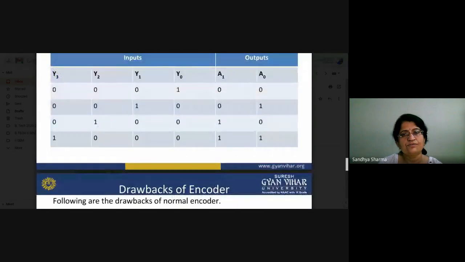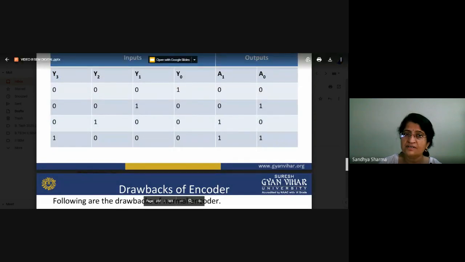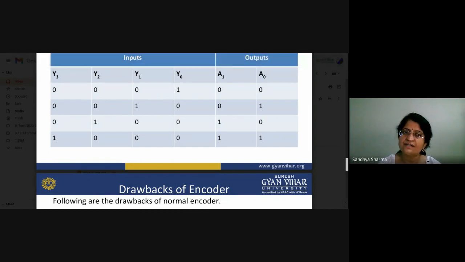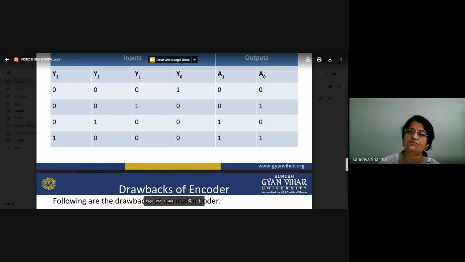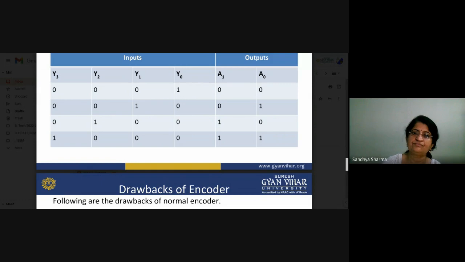At a time if y0 is active, the remaining 3 will not be active. If y1 is active, the remaining 3 will be in the low state. Similarly if y2 or y3 is active. According to the active input line, the outputs 00, 01, 10, 11 are reflected as binary numbers on the output lines a0 and a1.